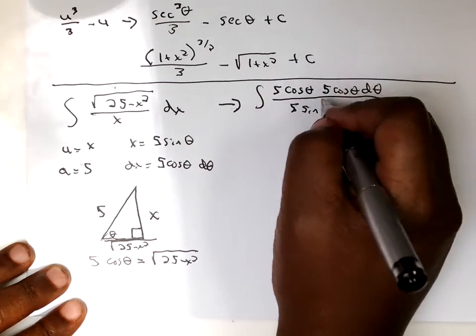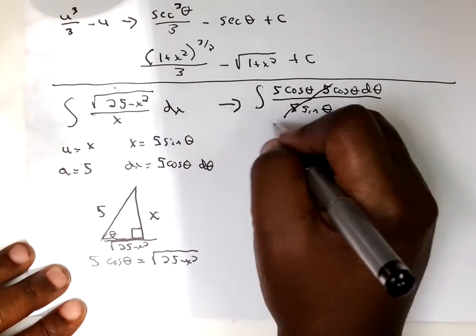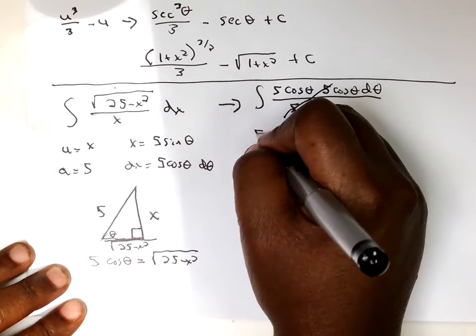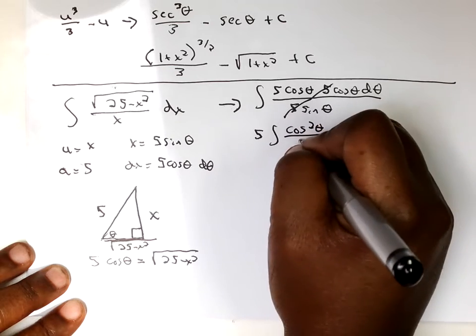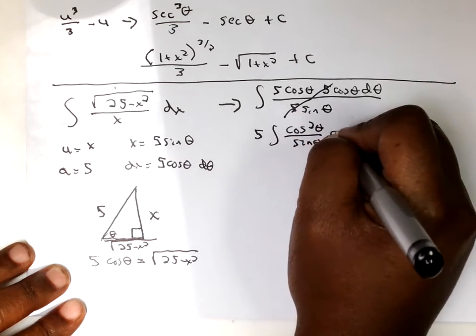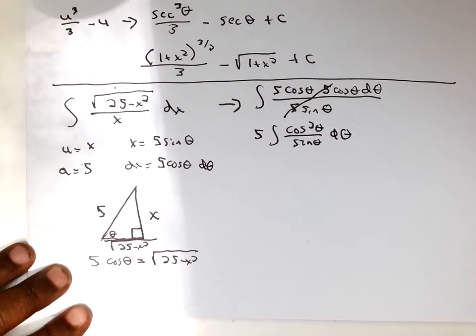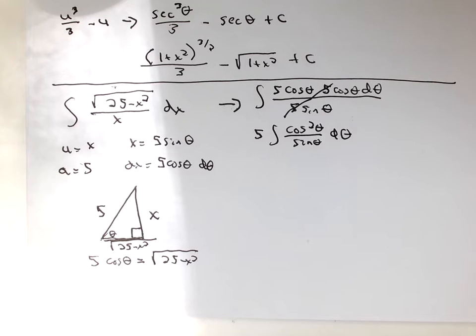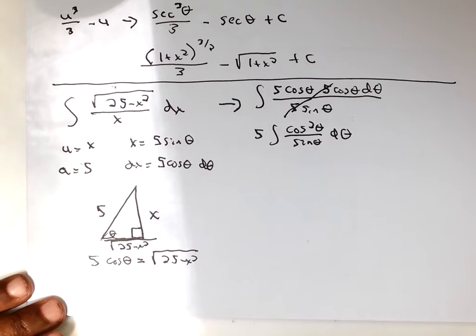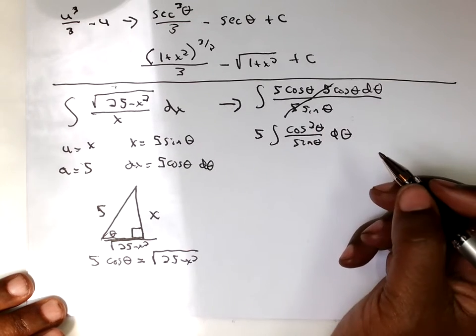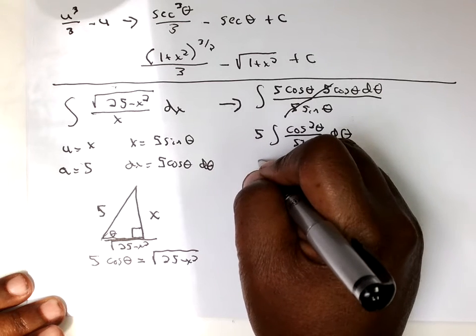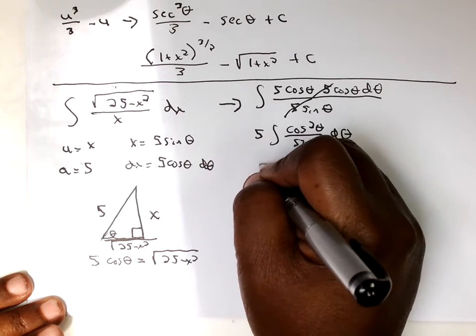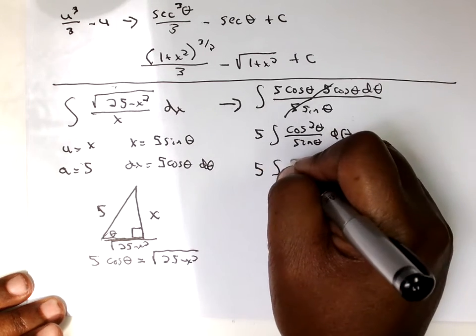So those 5's cancel. I'll bring the other one out front. And we get 5 times cosine squared theta over sine theta d theta. So the easiest way for me to integrate this is put everything in terms of sines. Trying to think if there's a nicer way. I don't think so that I can think of right now.